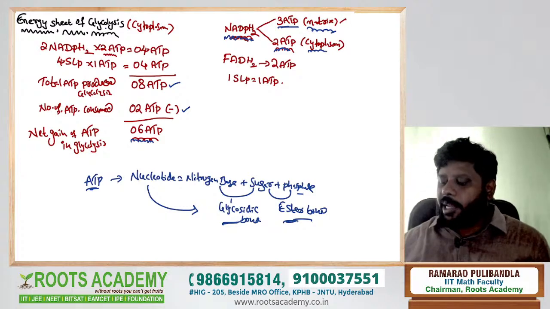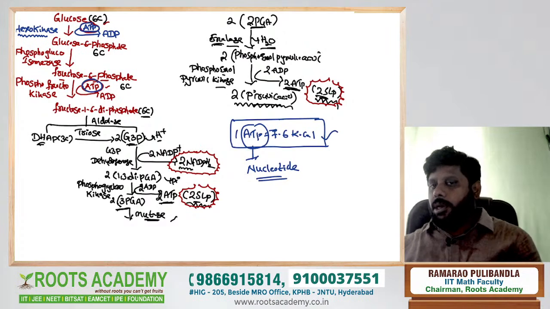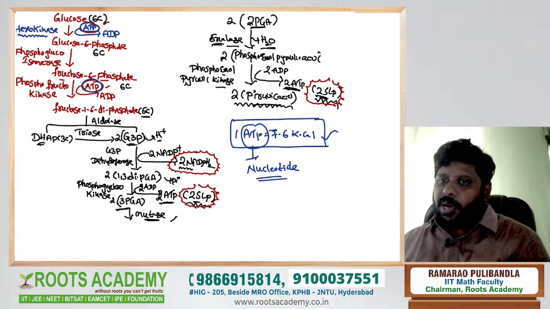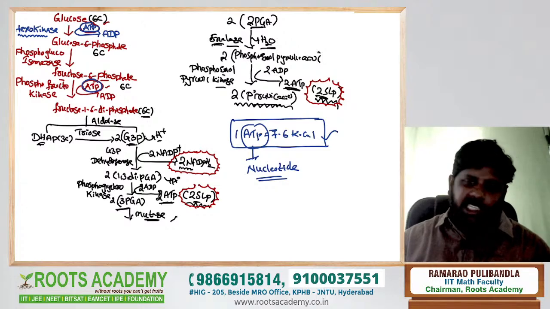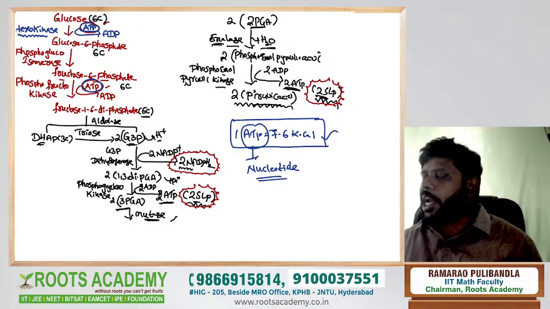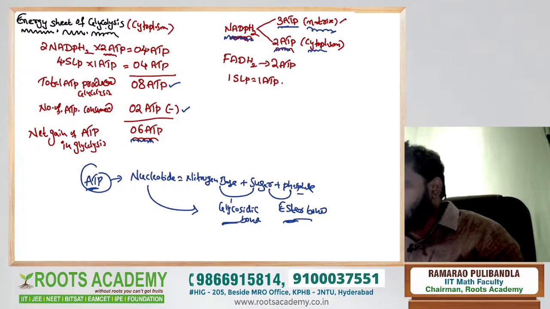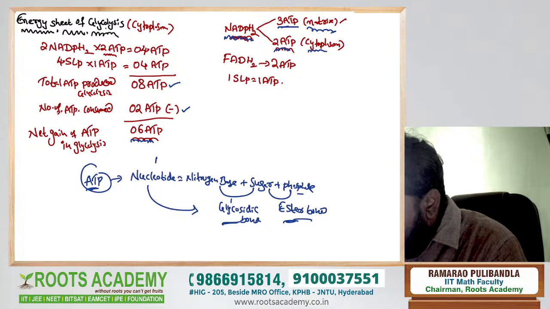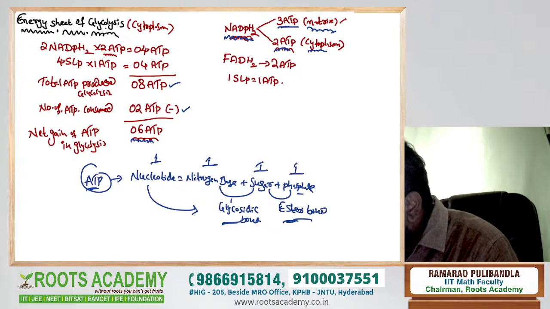So on hydrolysis, 1 molecule of ATP releases 7.6 kilocalories of energy. ATP is the best example of a nucleotide. In 1 nucleotide, there is 1 nitrogen base, 1 sugar, 1 phosphate.